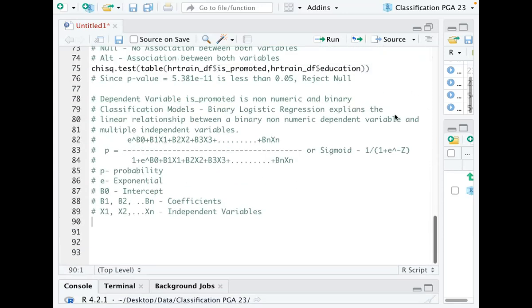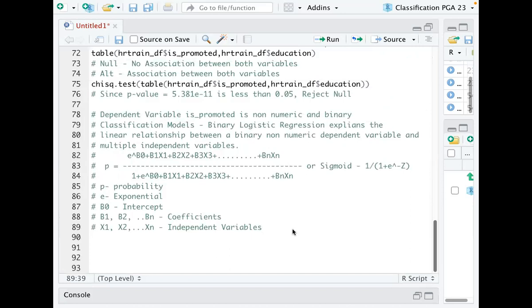Binary logistic regression is what we have to build when your dependent variable is non-numeric in nature and binary, with 2 levels, yes or no.